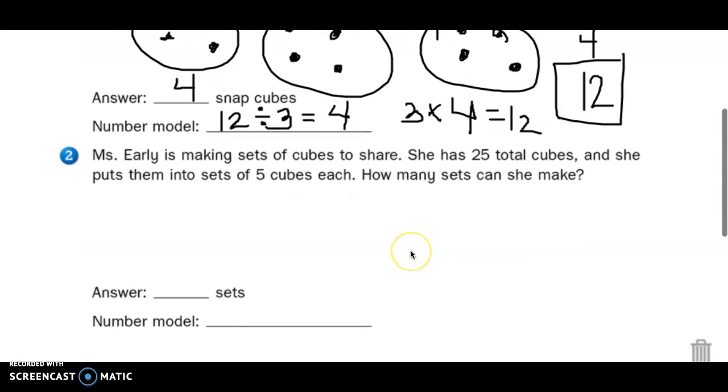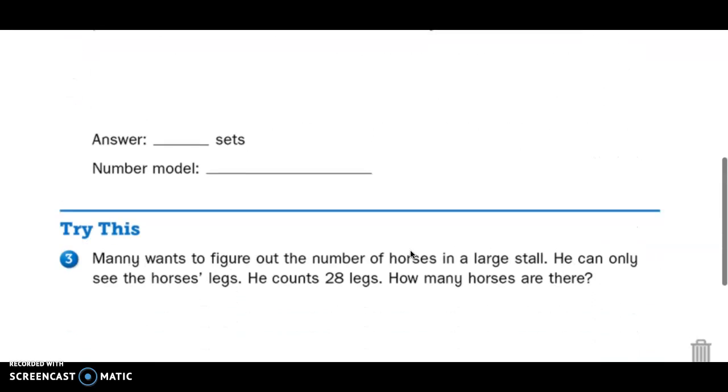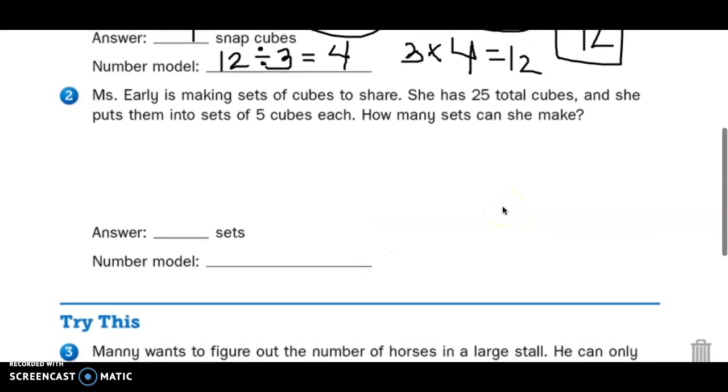Amazing. I'm going to read the next one and set it up for you, but you are going to try these next 2 all on your own. So it says Miss Early is making sets of cubes to share. She has 25 total cubes, and she puts them into sets of 5 cubes each. How many sets can she make?